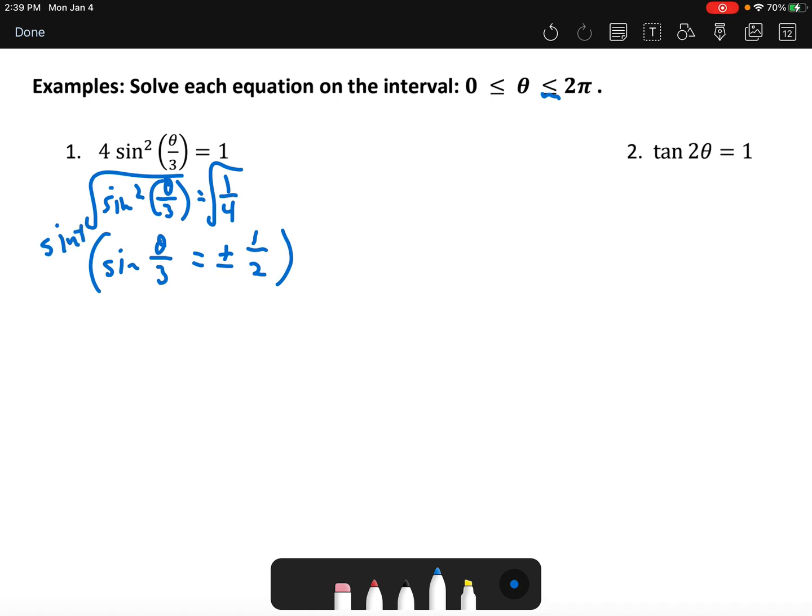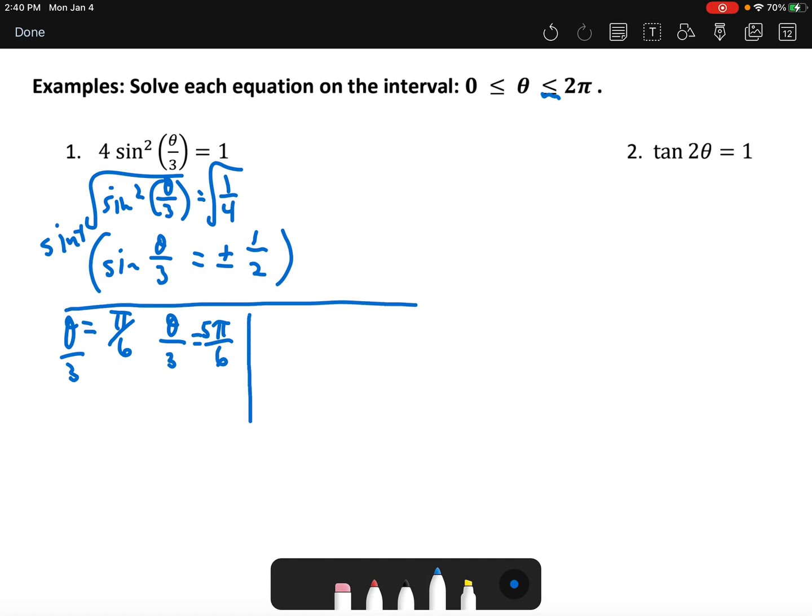Ask yourself, when is sine 1/2? Well, the sine is 1/2 at pi over 6 and 5 pi over 6. So we have 2 answers there. Now we're not finished with those. Notice it's theta divided by 3. So now you have more equations you have to solve.